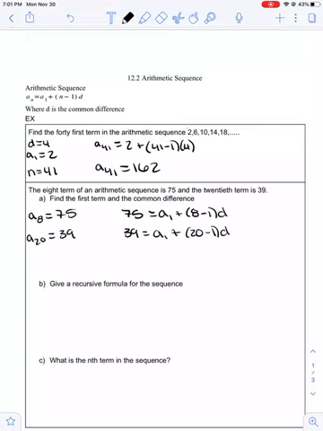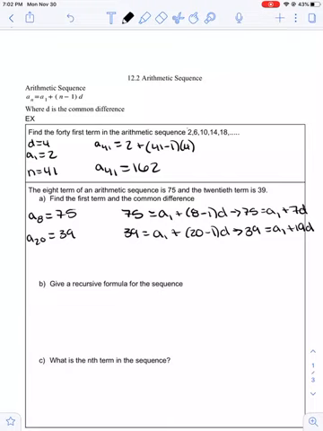I'm going to simplify these equations a little bit, so this can be 75 equals a sub 1, 8 minus 1 is 7, and then 7 times d is 7d. And then same here, 39 equals a sub 1, 21 minus 1 is 19, times d is 19d.